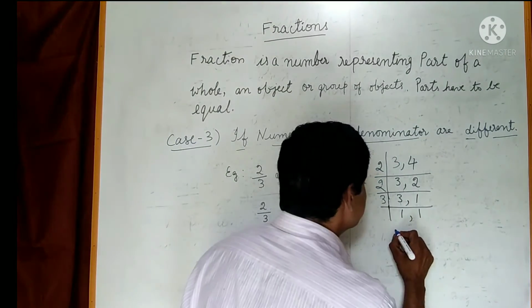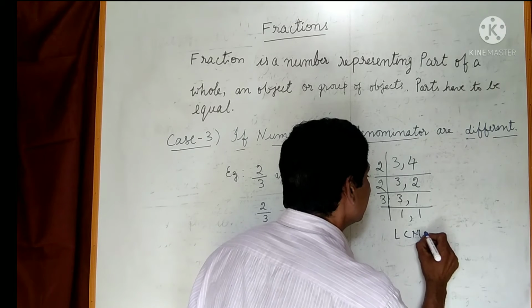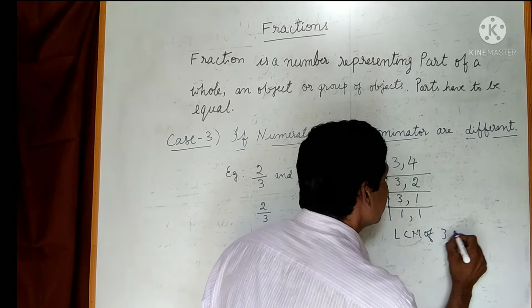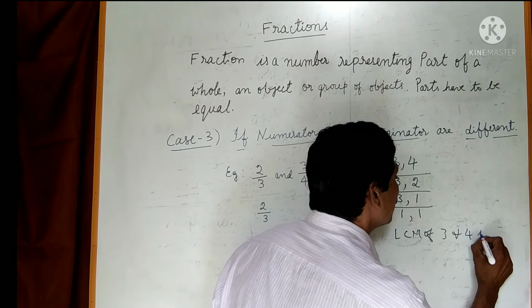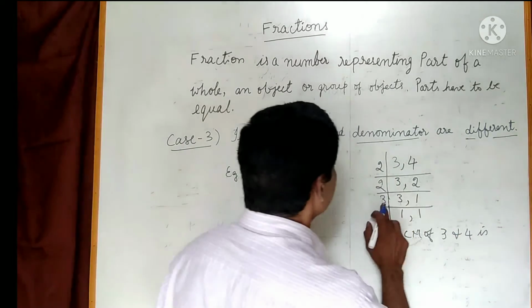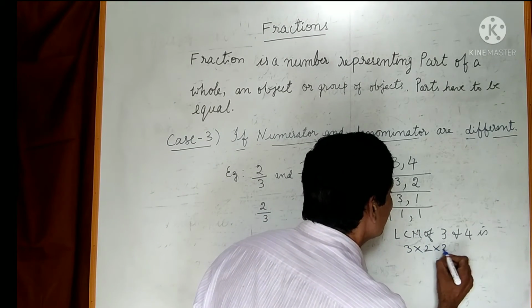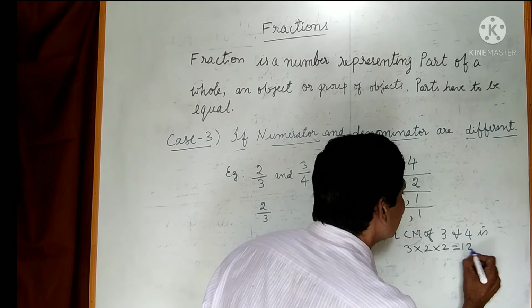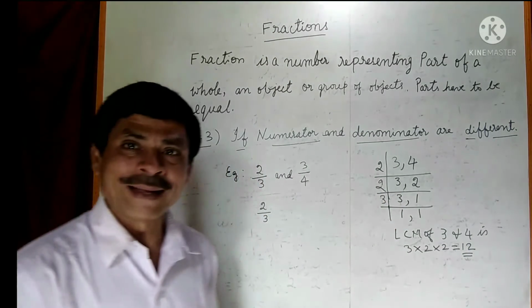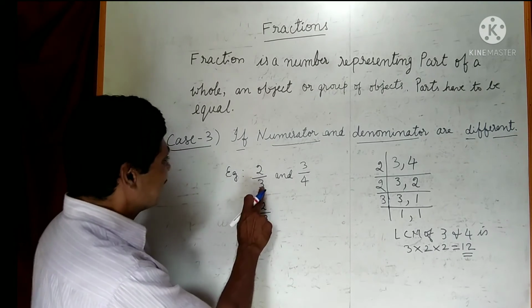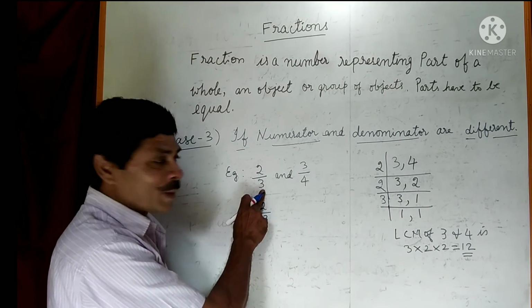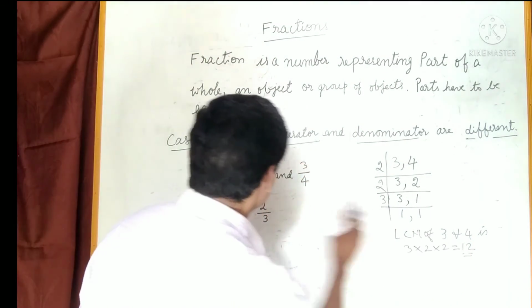So that LCM of 3 and 4 is 3 into 2 into 2, is equal to 12. Okay? Now divide 12 by 3.